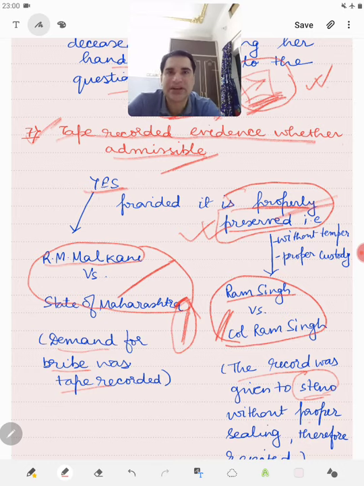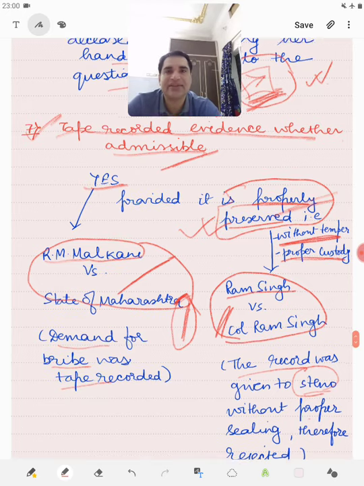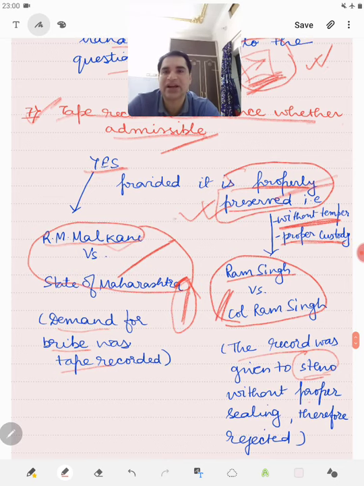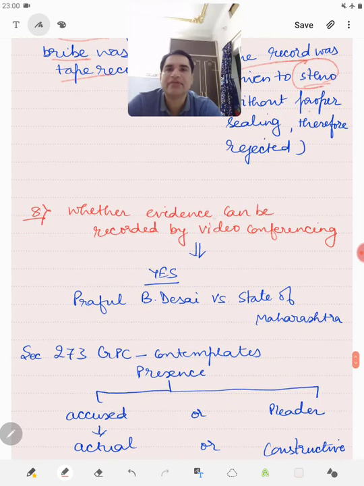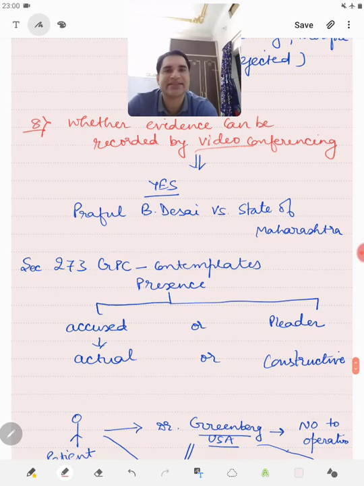The court held that properly preserved basically means two things: that it should be without tampering, preserved in such a manner that no one can tamper with it, that it should be properly sealed, and then it should be in proper custody. It should not be in custody which we cannot account for. So a tape recorded evidence is admissible as has been held in R.M. Malkani versus State of Maharashtra, but it should be properly preserved as has been held in the case of Ram Singh versus Colonel Ram Singh.